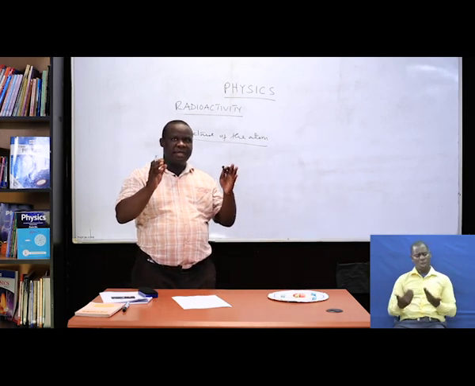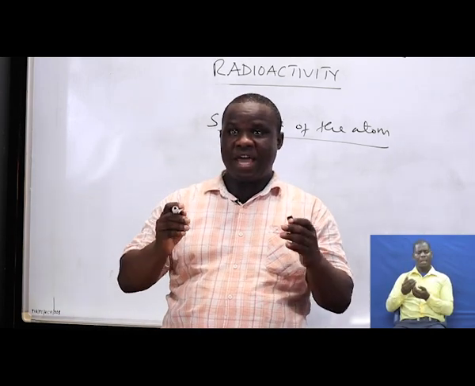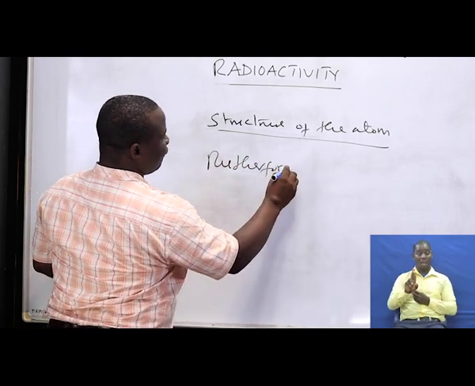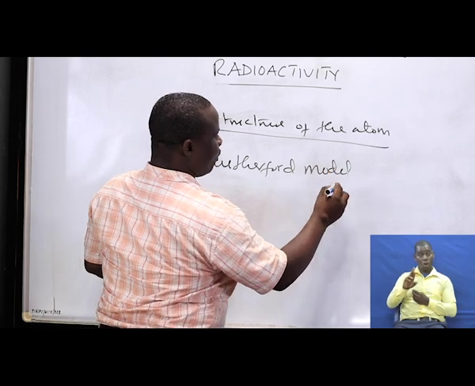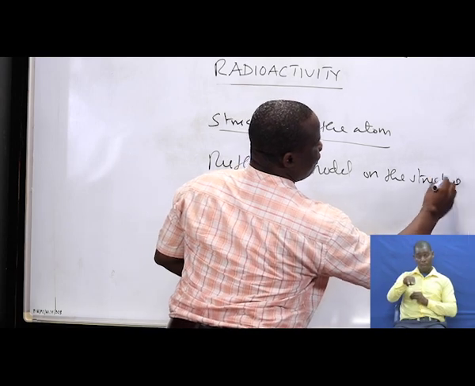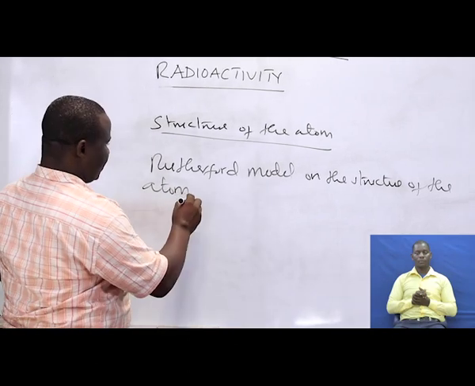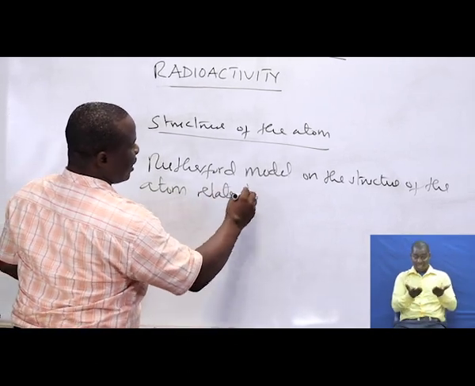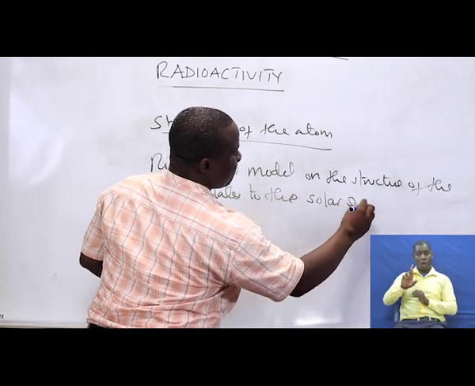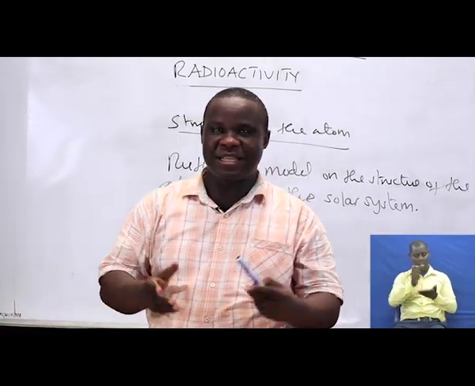A scientist named Rutherford came with a model which we are using. The Rutherford model on the structure of the atom relates to the solar system. Dear student, every one of us knows the solar system.